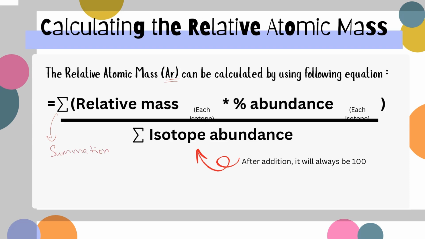Summation of relative mass of each isotope times percentage abundance of each isotope, divided by summation of isotope abundance. Mind this, that after summation, the isotope abundance will always be equal to 100 because it gives you the percentage.